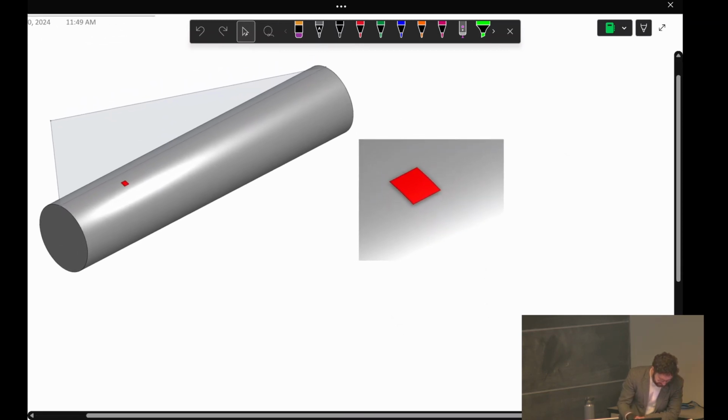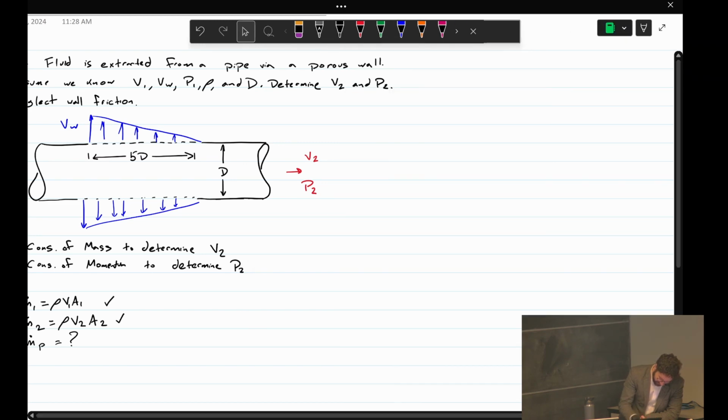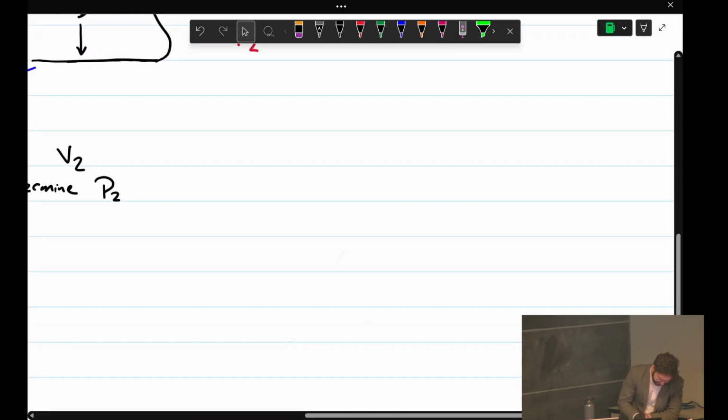I'm having issues with that, so I'll just draw it directly on the figure when you get there.